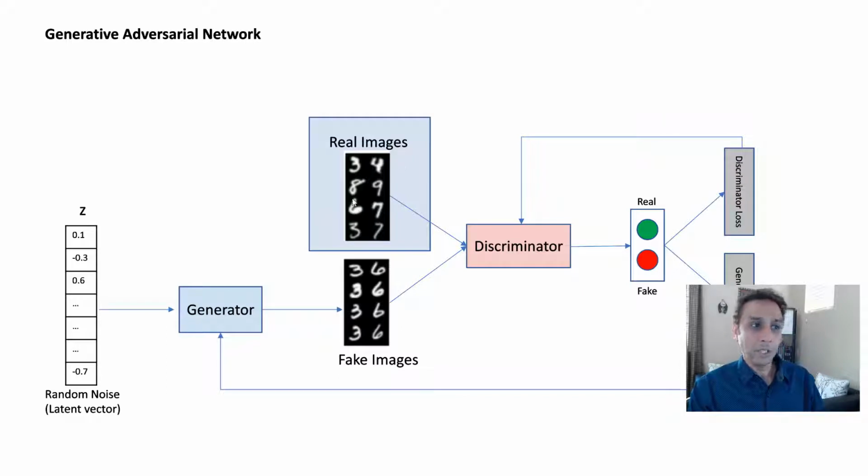Also, 50% of the time, real images go into the discriminator, and the discriminator is trained to discriminate between real and fake. When these 2 go in, an extra label also goes in that says, hey, this is a real image, the label is 1. This is a fake image, the label is 0, and the discriminator gets trained. Eventually, it gets better by improving on the discriminator loss, and the generator also gets better because we are training it in this combined model.